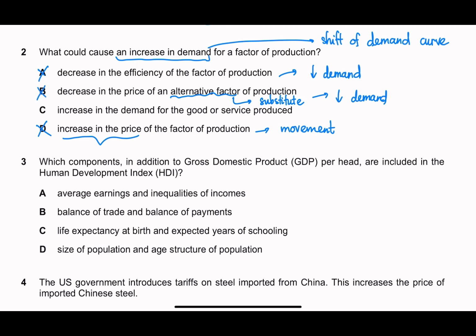Okay, so for C, increase in demand for the good or service produced. So this is the good or service that is at the later stage of this factor of production. So if there's higher demand, then suppliers would want to produce more. So this would lead to an increase in demand of the factor of production. So the answer would be C.